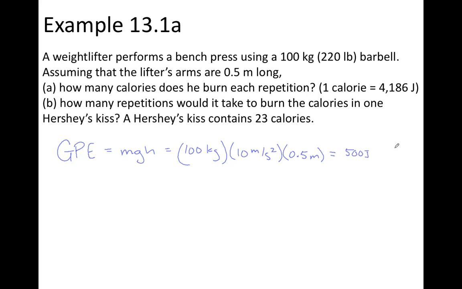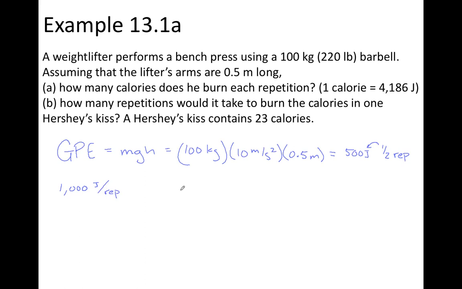Now, anybody who's ever performed a bench press knows that pushing the barbell up is only half a repetition. So we can estimate that this weightlifter is burning 500 joules of energy in a half repetition. So this is going to be 1,000 joules per repetition if we're talking about an entire rep.